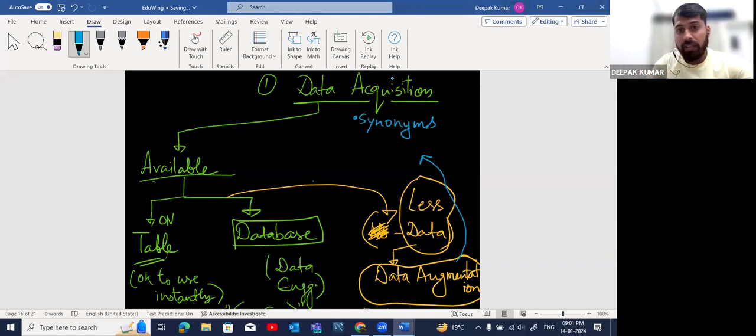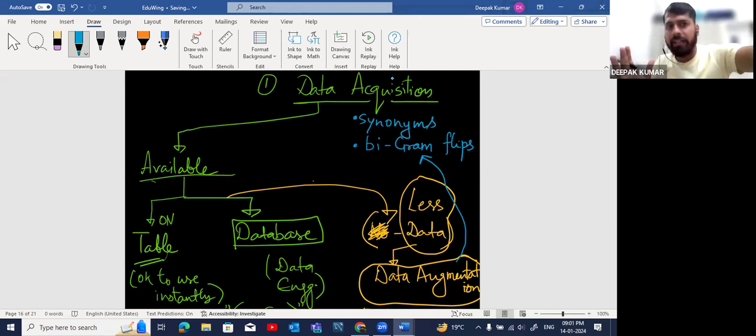One of the ways. There is also something we call bigram flips. Like the example I just gave you, flipping the image. You took an image and flipped it by 90 degrees, or by any other angle.